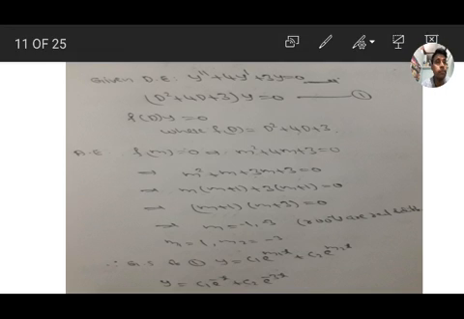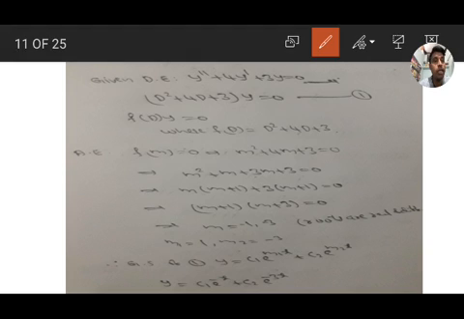Next problem, solve y double dash plus 4y dash plus 3y equal to 0. So the given differential equation is y double dash plus 4y dash plus 3y equal to 0.